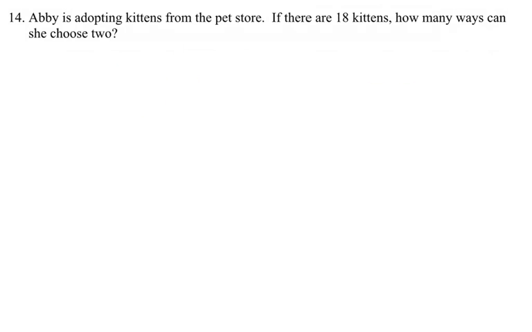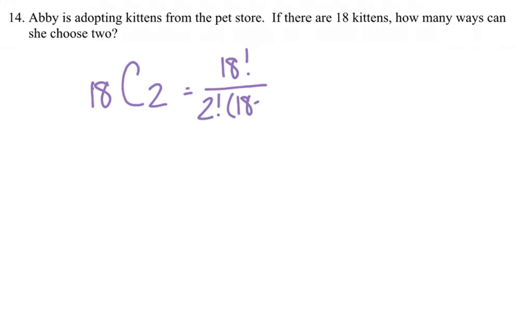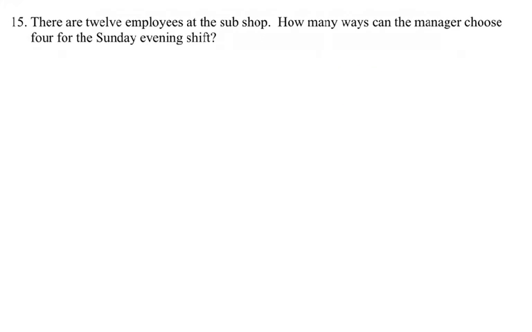Alright, Abby is adopting 2 kittens from the pet store. There are 18 kittens total, and she's only going to choose 2. So 18 factorial over 2 factorial times (18 minus 2) factorial, 153. There are 12 employees at the sub shop.